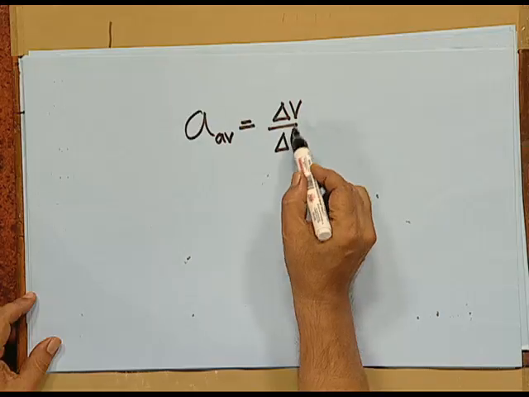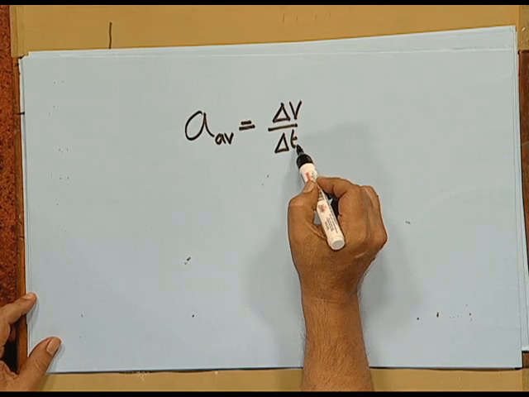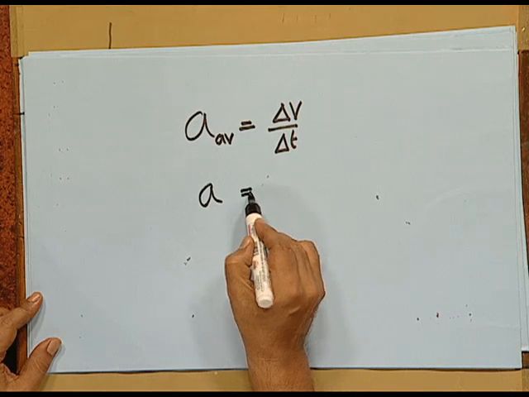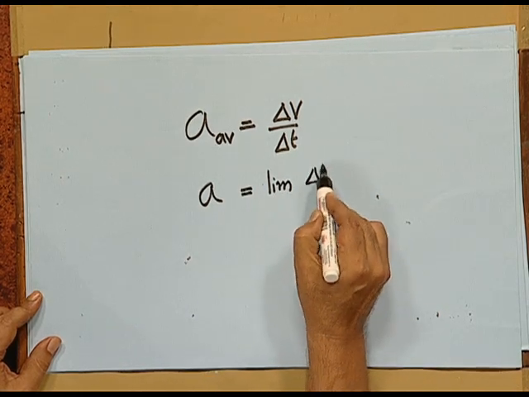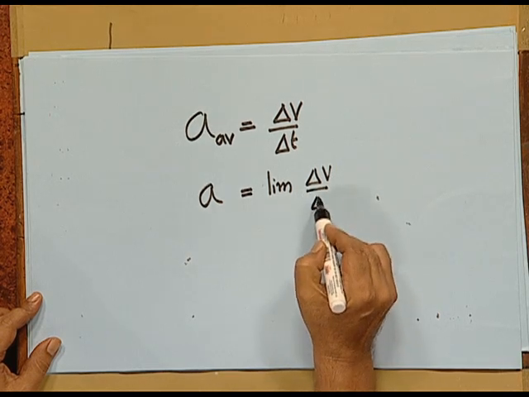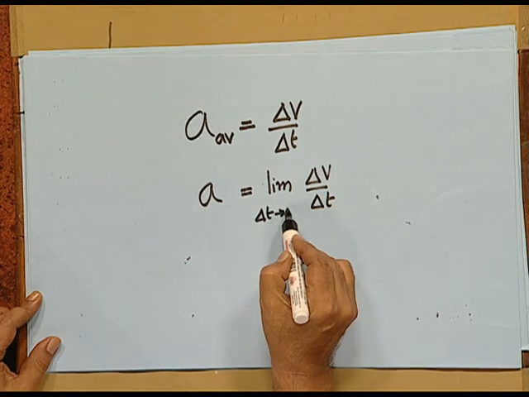Average acceleration has been defined as the rate of change of velocity in a certain interval of time. Instantaneous acceleration is the limit of change in velocity, which is delta v by delta t, as delta t is made very small, almost tending to 0.